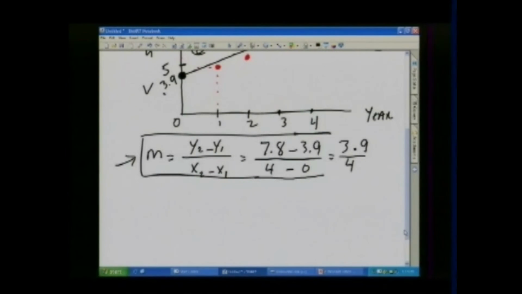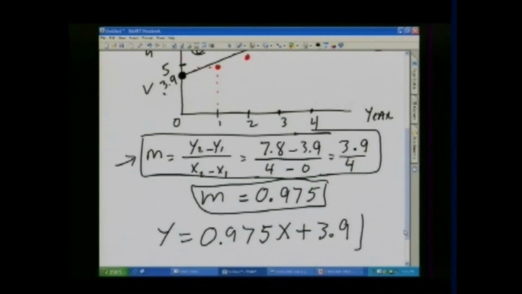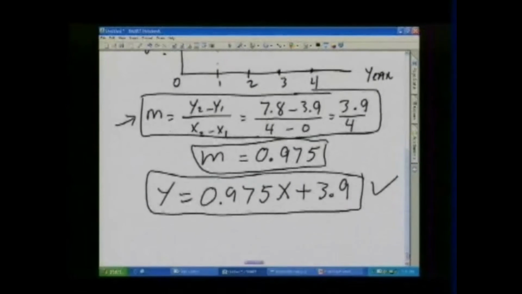And 3.9 divided by 4 would give me the slope equal to almost 1, but 0.975. Now, then y would be equal to this slope, 0.975x, plus the intercept, which is at 3.9. A little bit different than the other one.